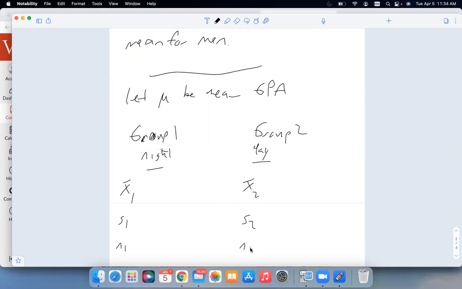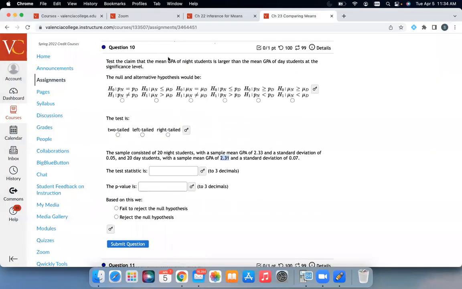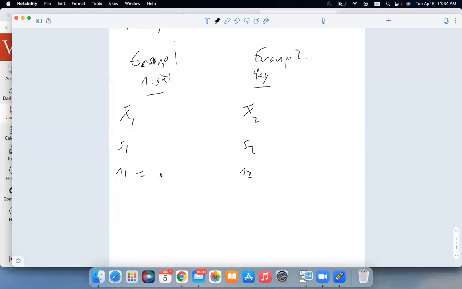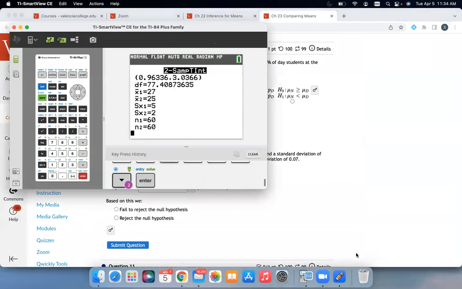Remember, on any written assignments you turn in, this is all required, writing all this out. So I wanted to do a couple of these by hand. All right, what numbers do we have here? We'll get to writing the hypotheses in a minute. 20 night, 20 day, both of the Ns are 20. I think this was 233 and 231. Yep. And then my standard deviations, 0.05 and 0.07.